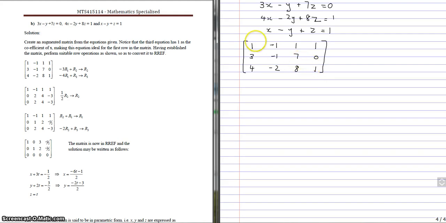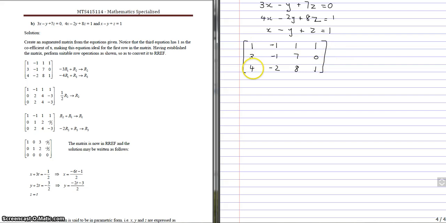So our first step has been accomplished, and we've got our first row with a leading entry of 1. Next step then is to ensure that in our first column all of these other entries are 0. So we'll start with this first row here. Multiplying row 1 by negative 3 and adding it to row 2, we can apply this in one step.